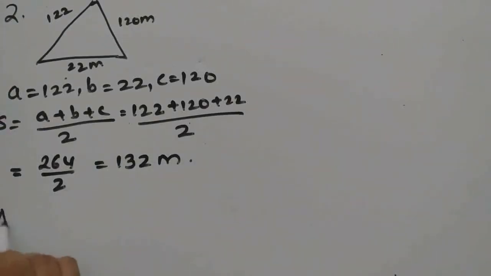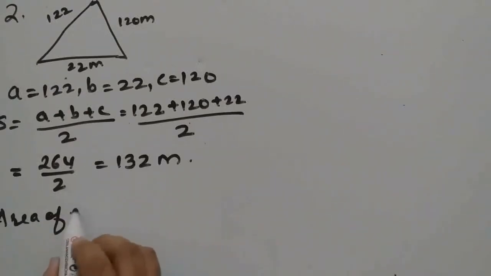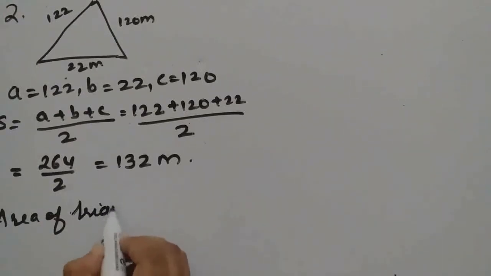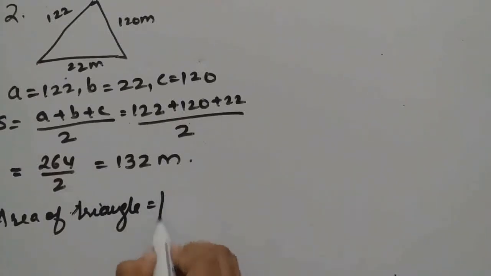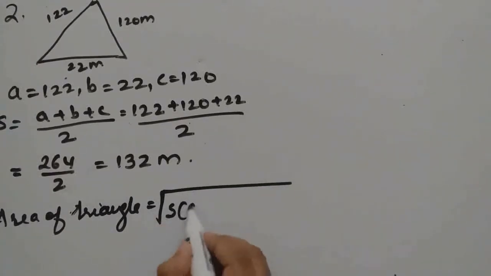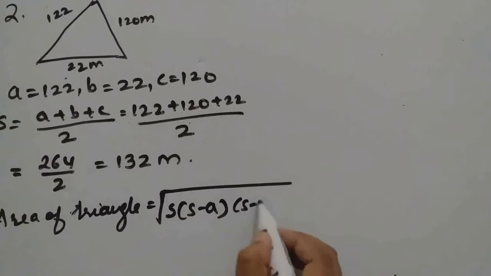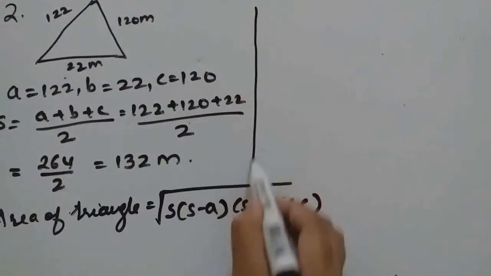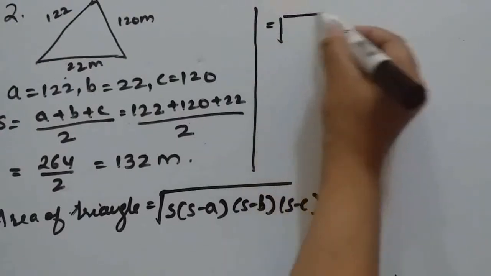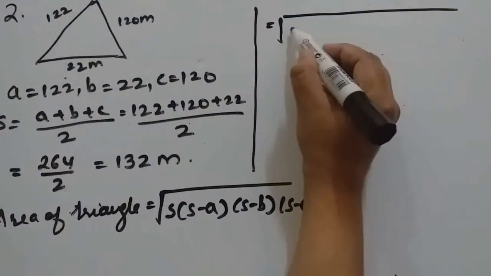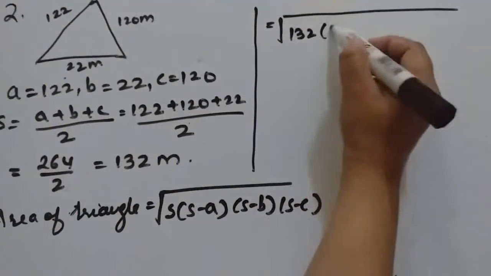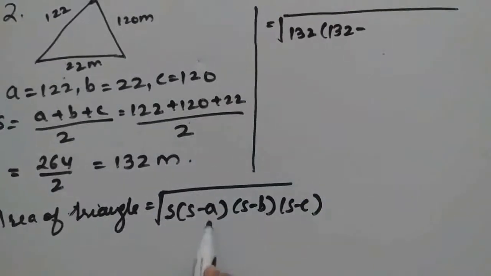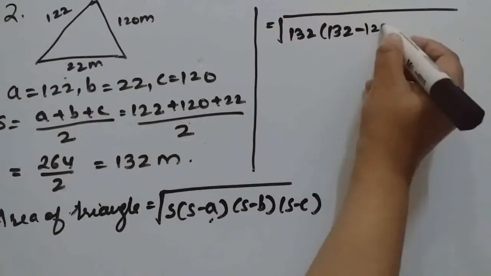Now we'll apply the area formula, Heron's formula. Area of the triangle is the square root of S, S minus A, S minus B, S minus C. So S is what here? 132. Then next 132 minus A. A is what? 122.